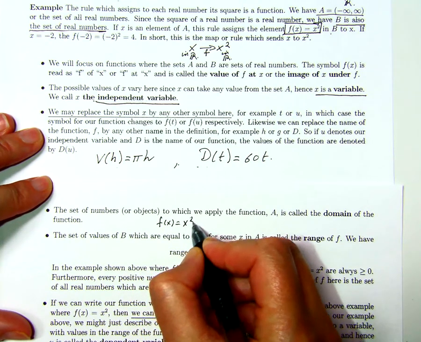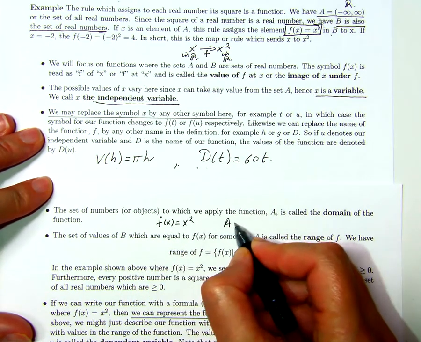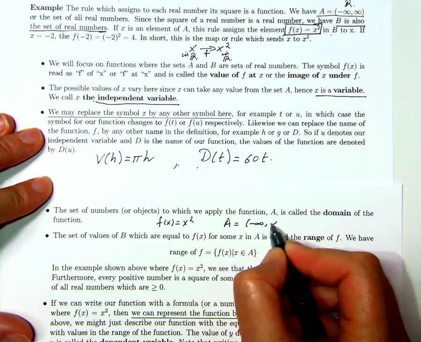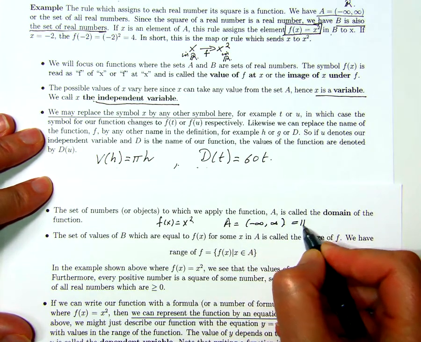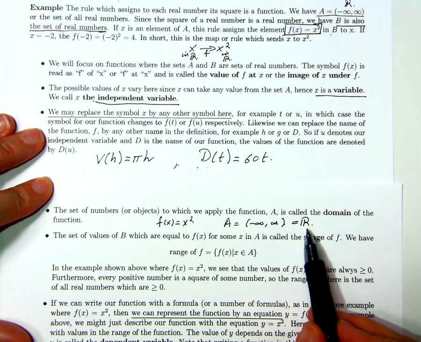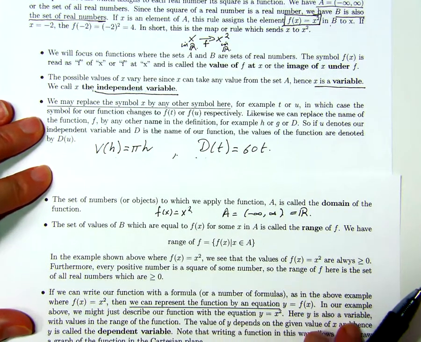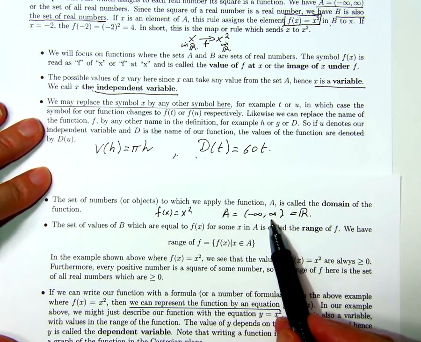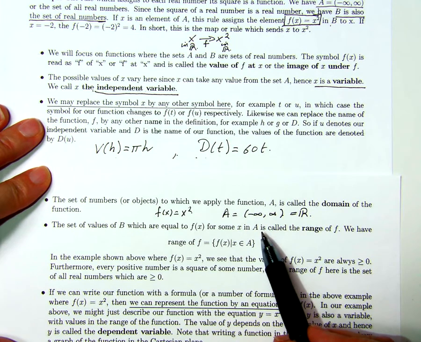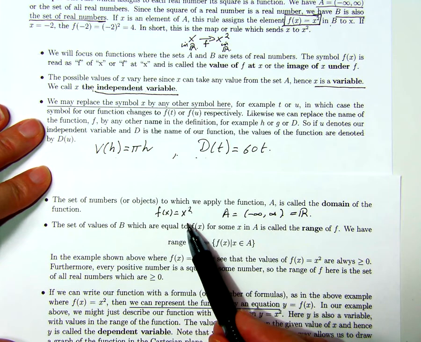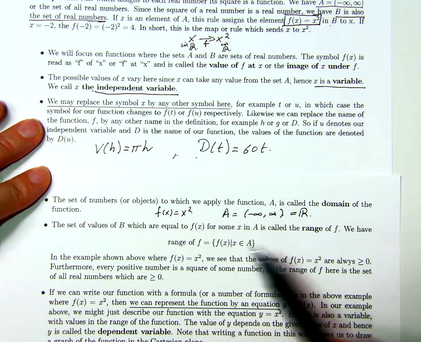Here A is everything from minus infinity to infinity, or the real numbers, and this means that the real numbers is the domain of this function. We'll discuss domains in greater detail later. Sometimes the domain is restricted, and sometimes we indicate that, and sometimes we just give the formula, and the domain is everything that fits in the formula.